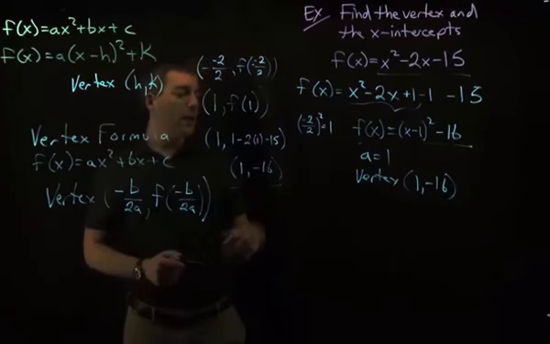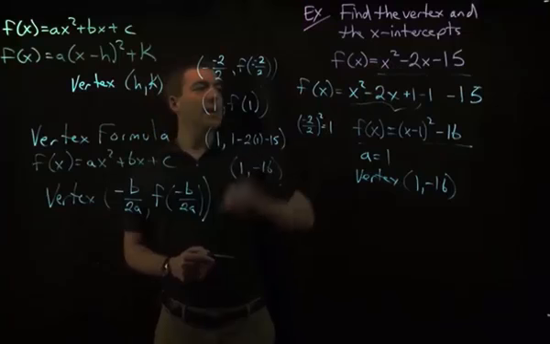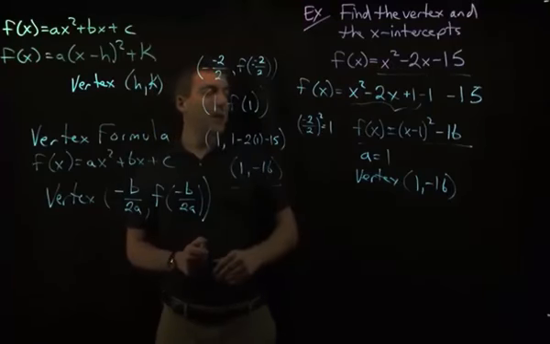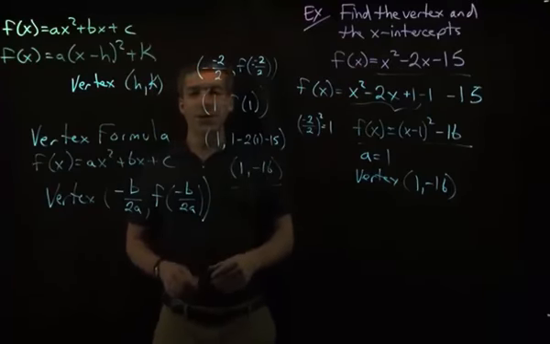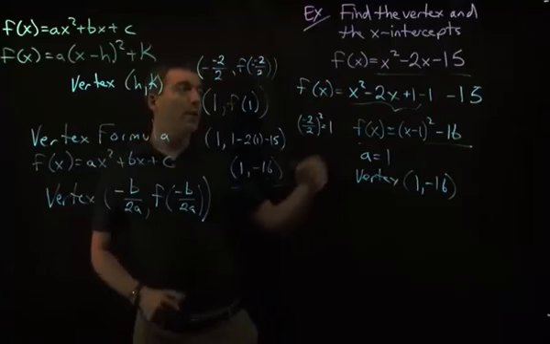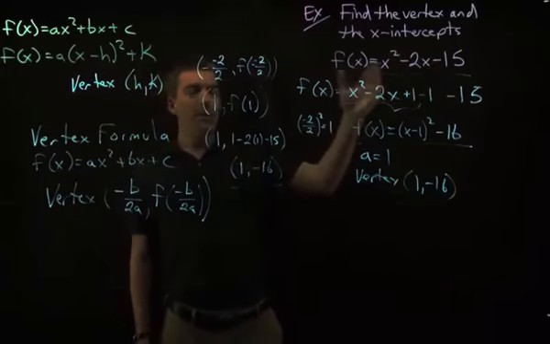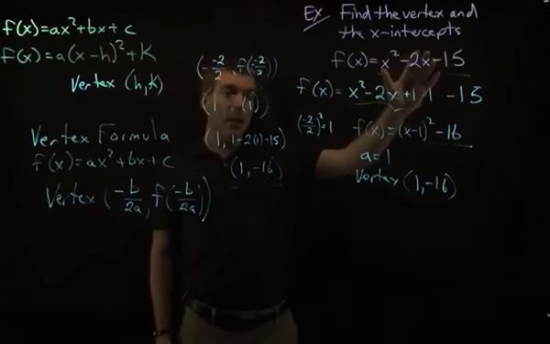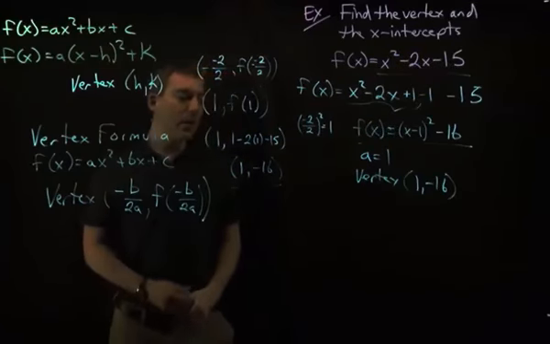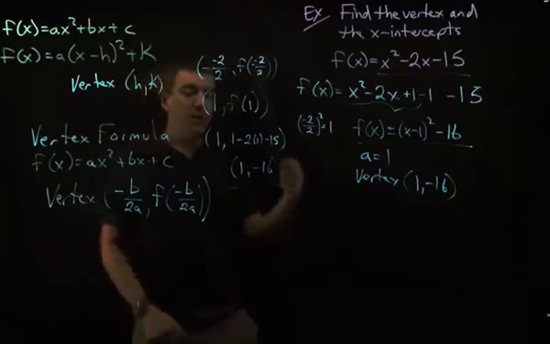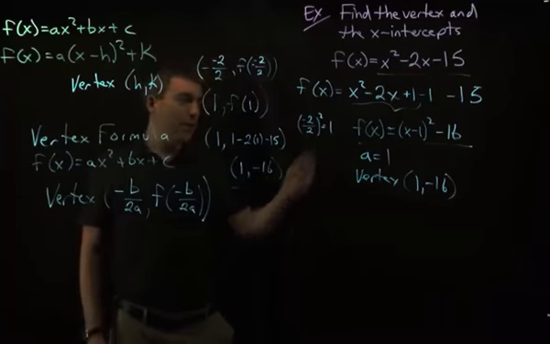So we found the vertex for this quadratic function, and now let's find the x-intercepts. The x-intercepts are where the outputs of this function are 0. So that just amounts to setting this function equal to 0 and then solving for x. We've done this when we solved quadratic equations.